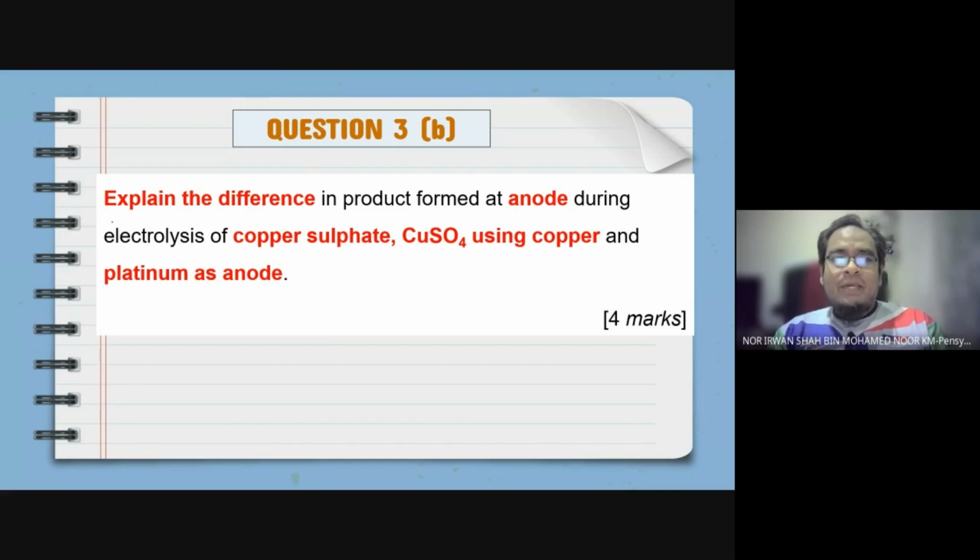Nampak dia punya keyword untuk soalan ini adalah explain. So bila ada explain, meaning that you all kena buat explanation. Dan when it comes to soalan yang berbentuk explanation ni guys, jangan you punya jawapan tu jangan bagi terlalu ringkas sangat.